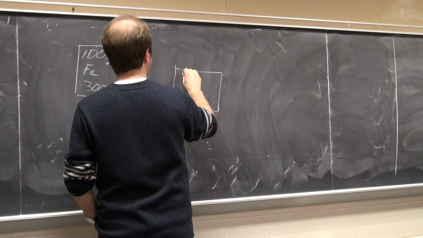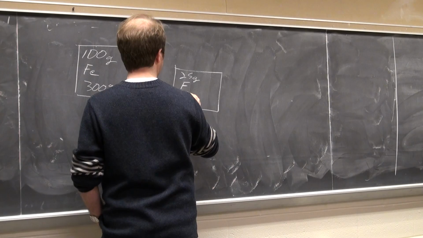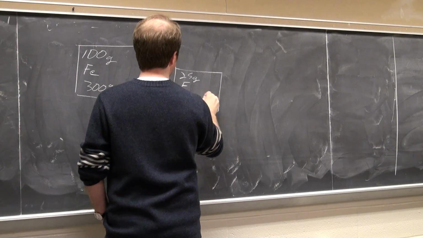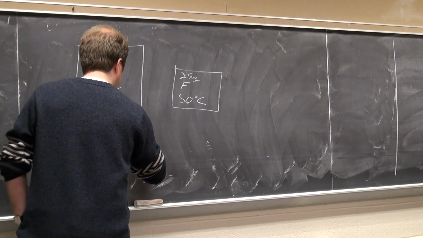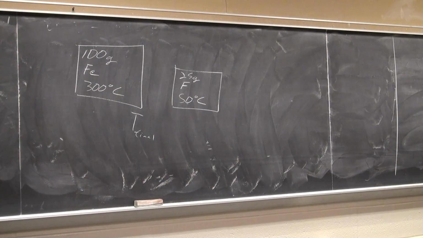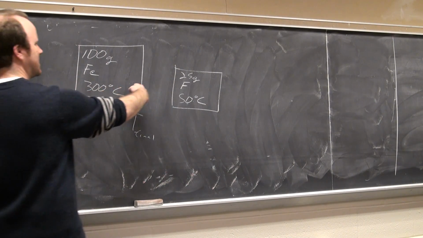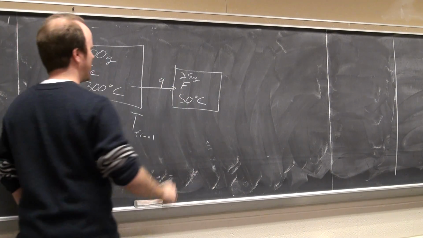And you have a 25-gram piece of iron at 50 degrees C, and you push these together. What's the final temperature? This is the problem that you're asking about, right? Okay. So when I push these together, what's the heat flow going to look like? Where's the heat going from where to where? Going from this thing to this thing. So Q is going to go that way.